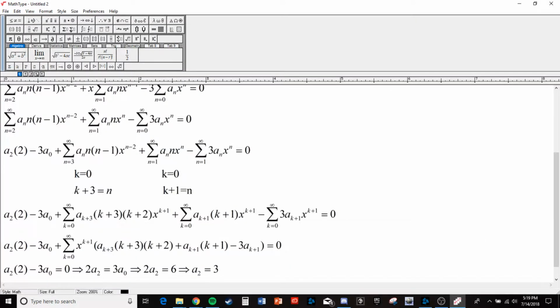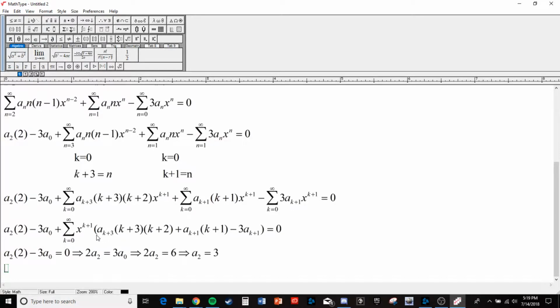Now, how do we solve for a sub 3 and a sub 4? That's where this comes in handy. Alright, so in order to solve for that, we can plug in 0 for k. So when you plug in 0 for k there, it's just going to give you 3.